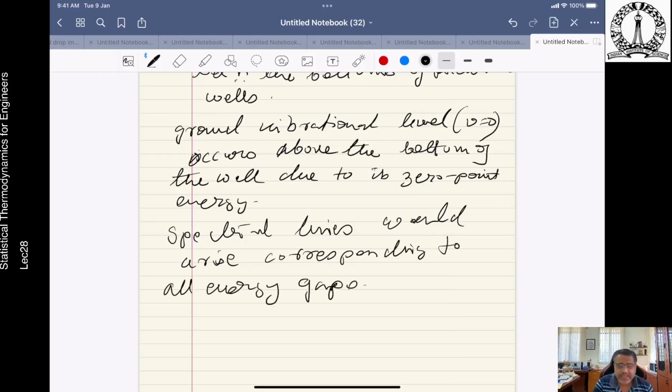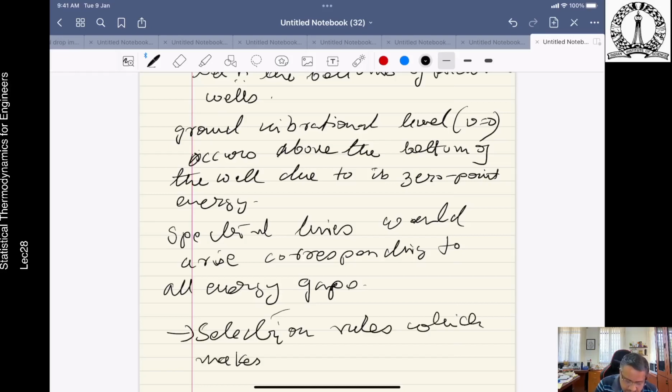But fortunately, that is not the rule. There are certain selection rules which make life a little bit easier, so to say.